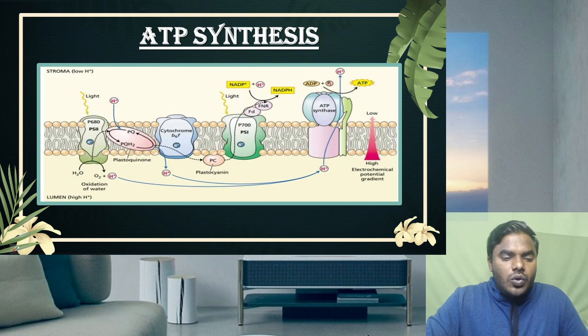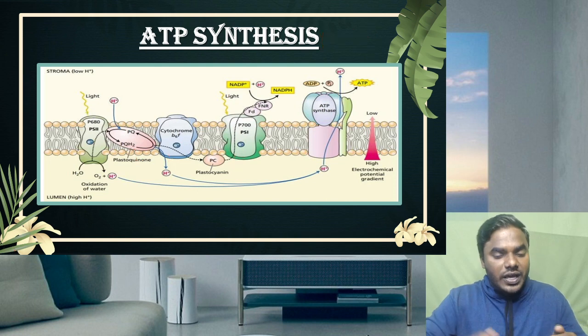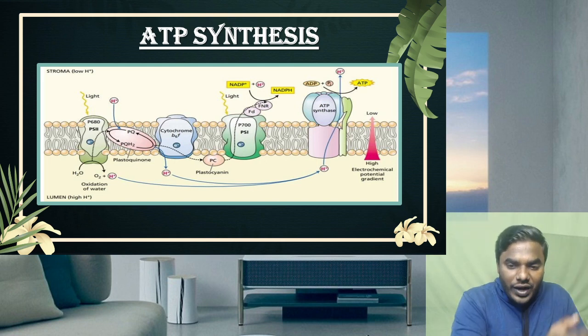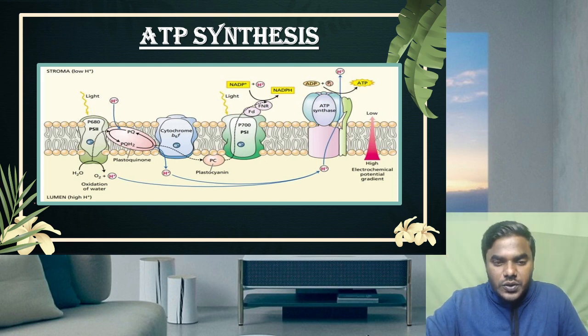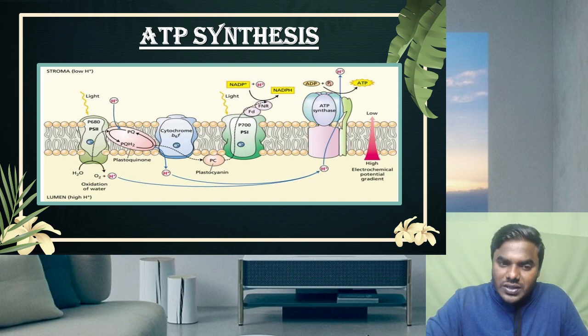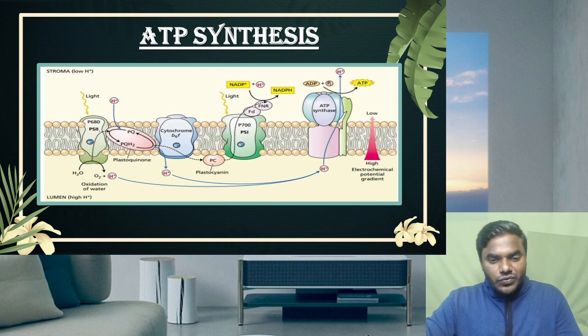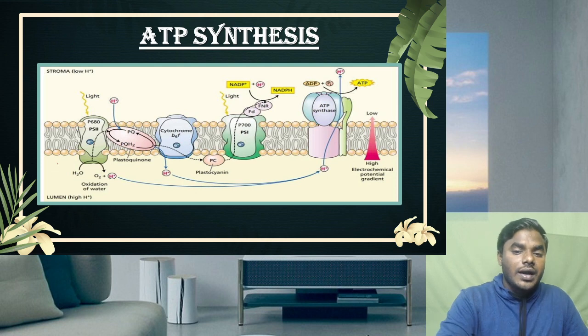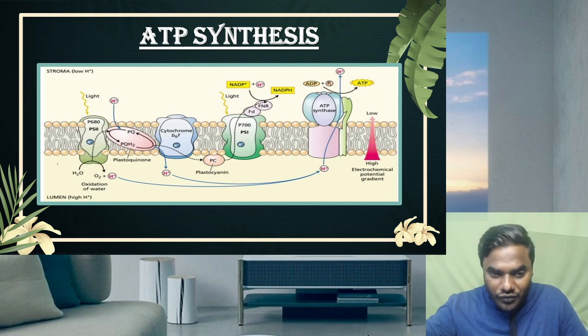I told all of you very clearly, electrons are moving from one photosystem to the other photosystem via several electron acceptors. Yes or no? Of course, yes.